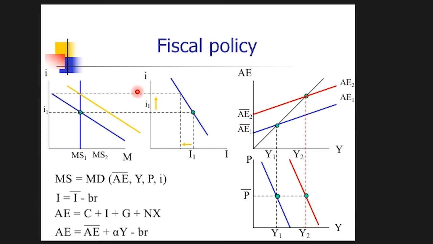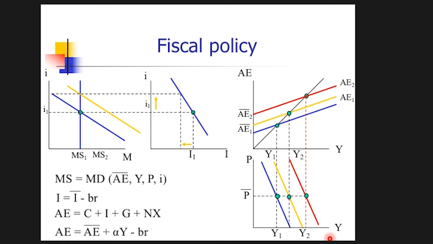With the higher interest rate, firms have to pay more when they borrow money for investment, so they will reduce their investment, and the reduction in investment leads to the reduction in aggregate expenditure and aggregate demand. So this reduction is called the crowding out effect.